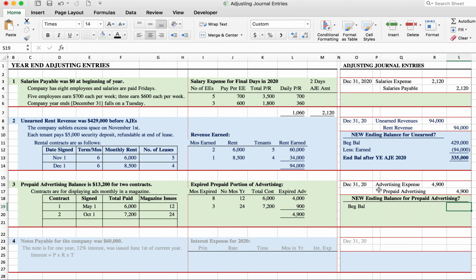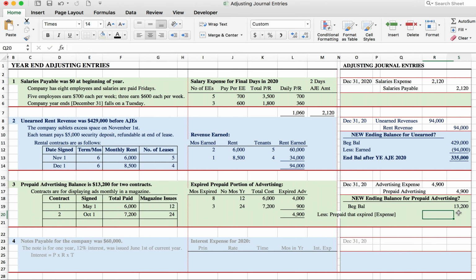Important question again: what is the new ending balance for prepaid? Well, let's look at what it started out as. If we go back to the original, we see that prepaid advertising was 13,200. That is what was on the balance sheet before the adjusting entry. I'm going to subtract the amount of prepaid that expired, and that's the same way of saying the amount of the expense.